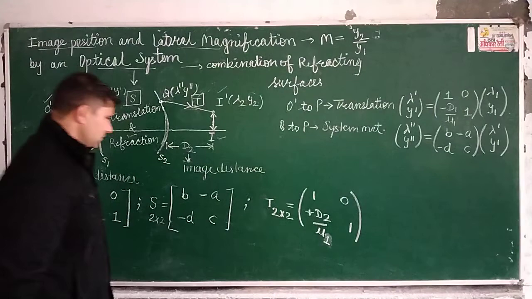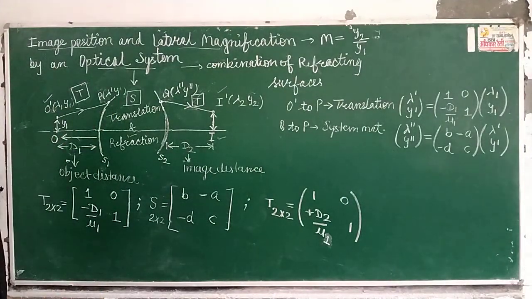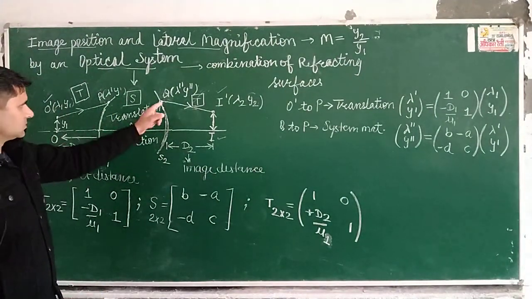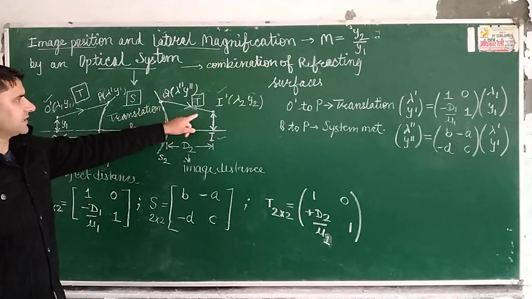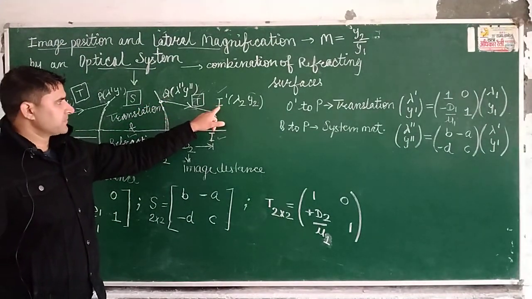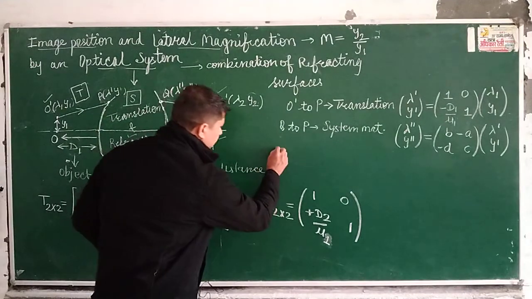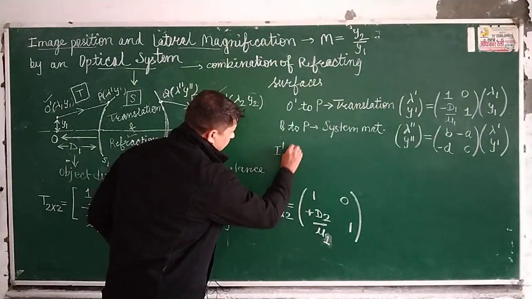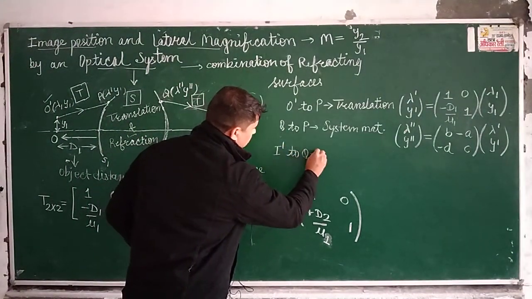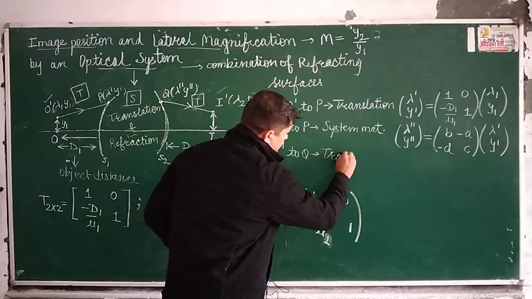This is what you will make use of here. Now we will connect the optical coordinates of I dash and Q. In between I dash and Q there is again translation.